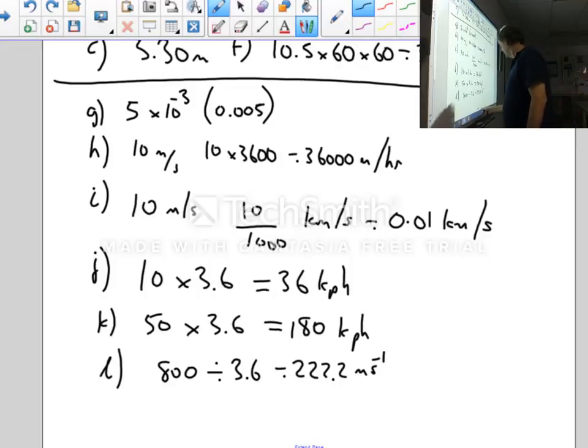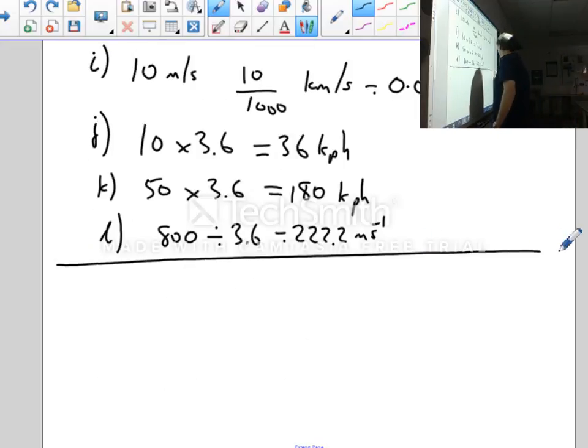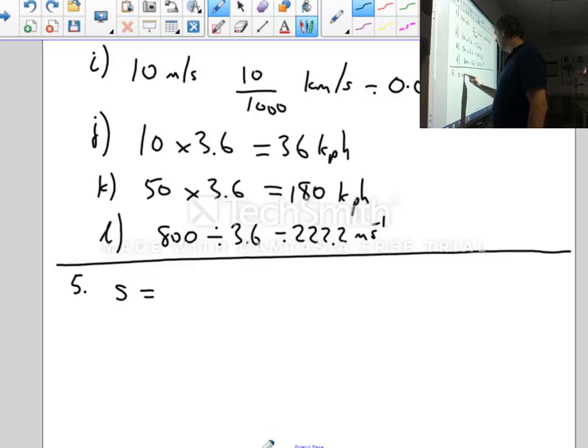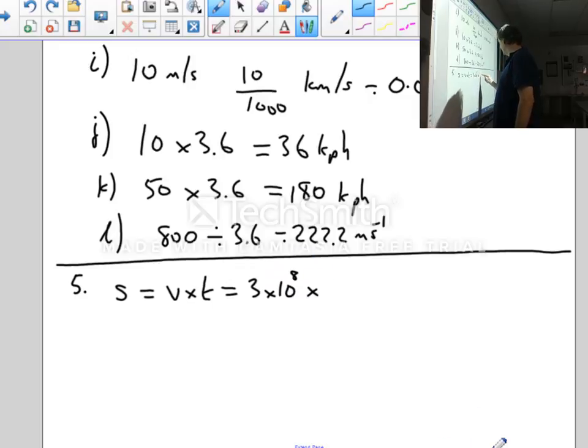Right, last question. Question 5. If it takes 8.33 minutes for the light from the sun to reach the Earth, how far is the sun from the Earth if light travels at this speed? So we're working out how far it is, which means we're doing v times by t. We're told it's going at 3 by 10 to the 8 for the light, and that it's 8.33 minutes.